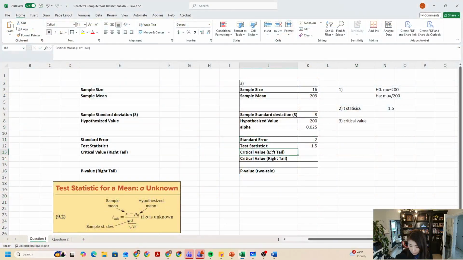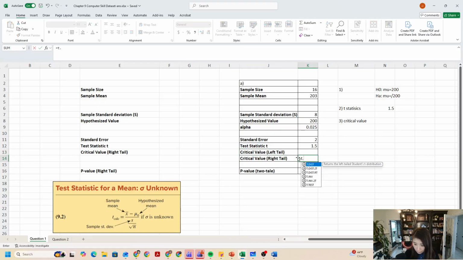So for the left tail and right tail, the critical value, starting from the right tail because it's the positive one, will be equal to T.INV.2T and parentheses. The alpha we are picking here is 0.025.